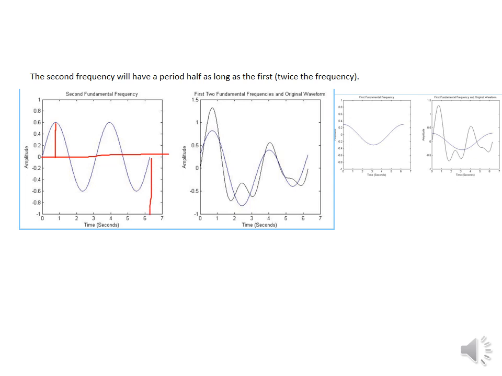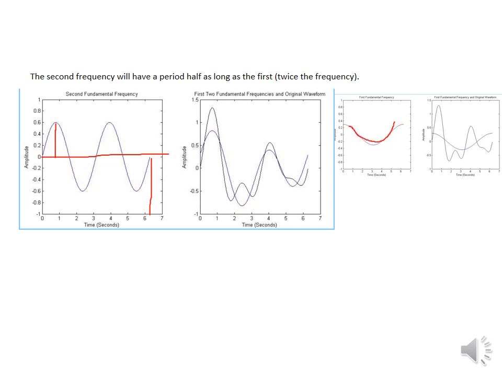In the same 6.2 it has 2 cycles. The frequency is 2. So you can say that this waveform has double the frequency as compared to our first one.